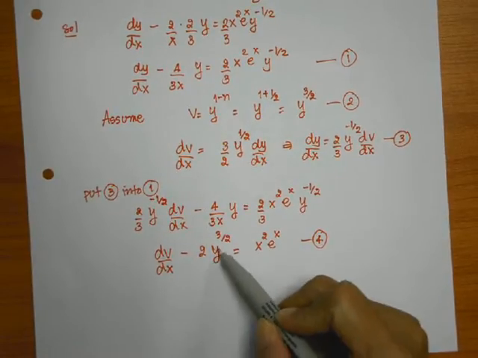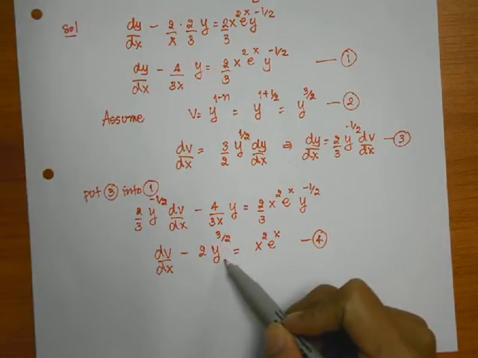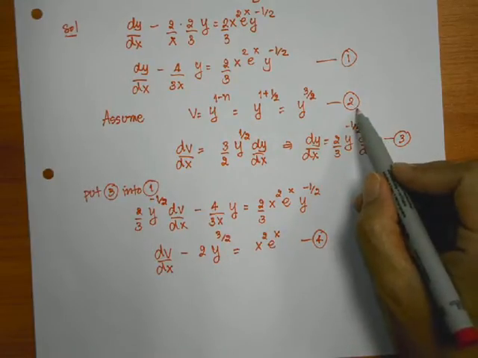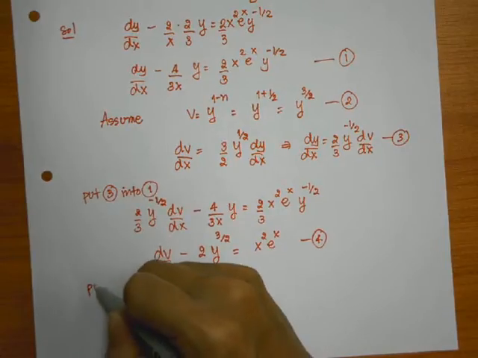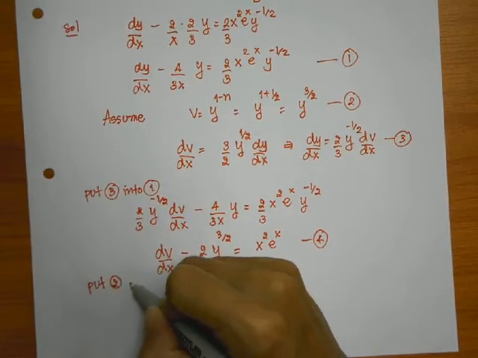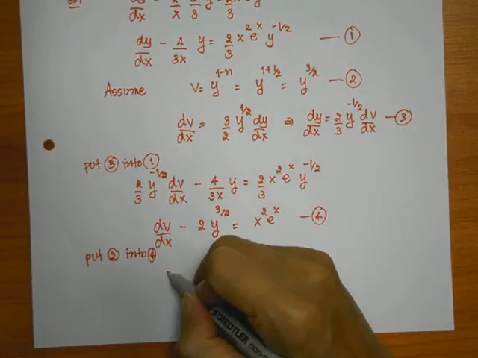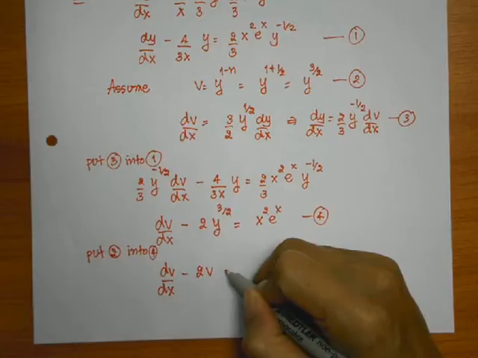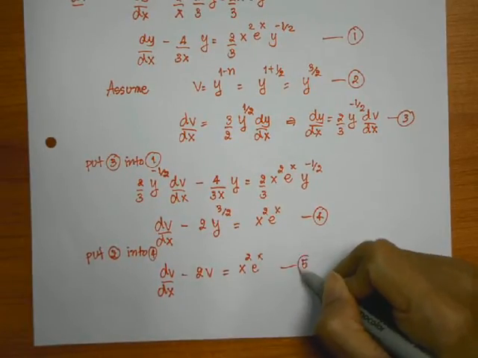So we need to change y to the power 3 over 2 to be v, which is our equation 2. So we put equation 2 into 4. So we get dv/dx minus 2v over x equal to x squared exponential of x, equation 5.